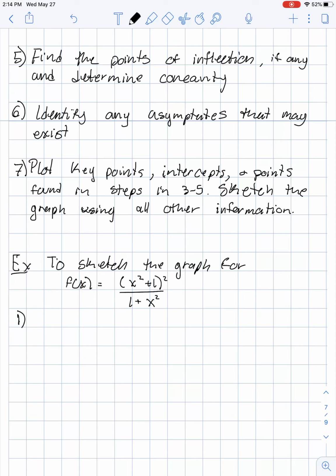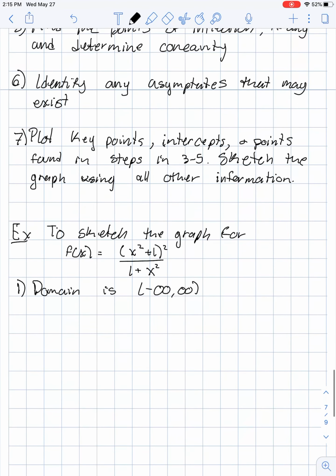I don't see any place where I can't plug a number into the denominator. 1 plus x squared is always positive. It's not going to give me 0 ever. So the domain is negative infinity to infinity. And again, there are no symmetries.